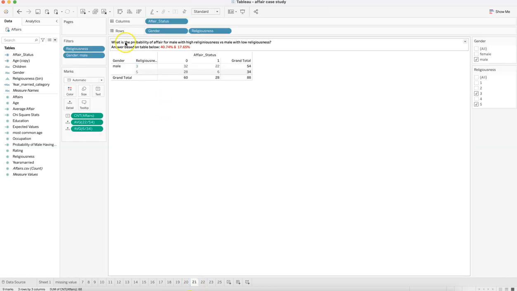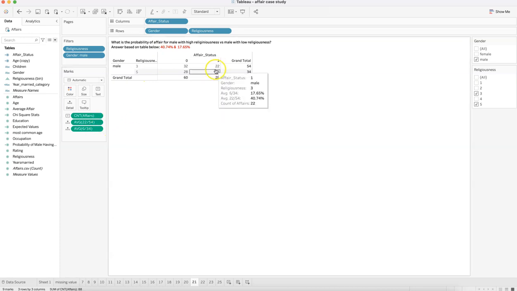The next question is, what is the probability of an affair for male with high religiousness versus low religiousness? I have taken categories 3 and 5. 5 is high and 3 is low. Sorry, 3 indicates low religiousness, so 22 divided by 54 indicates 40.74%.